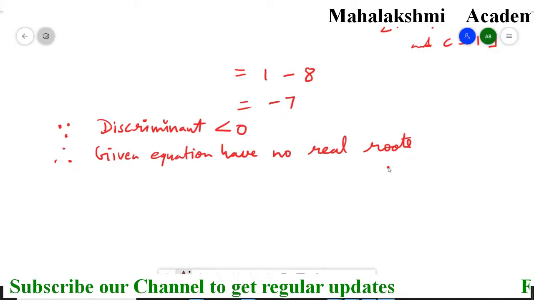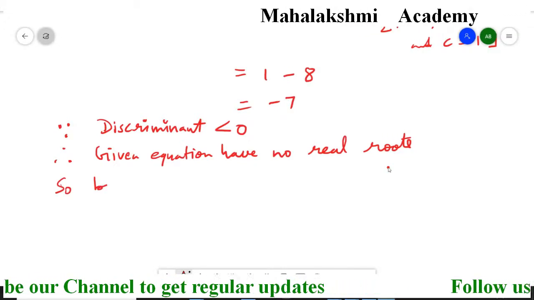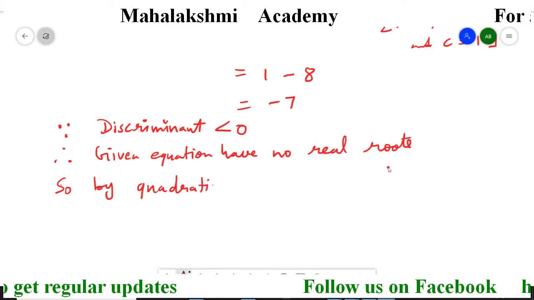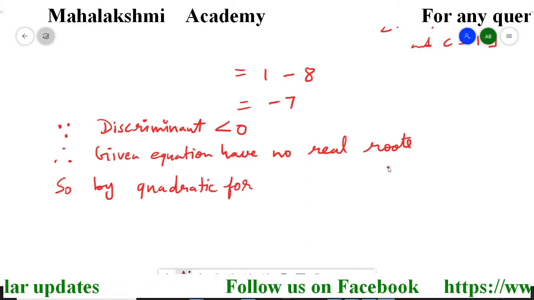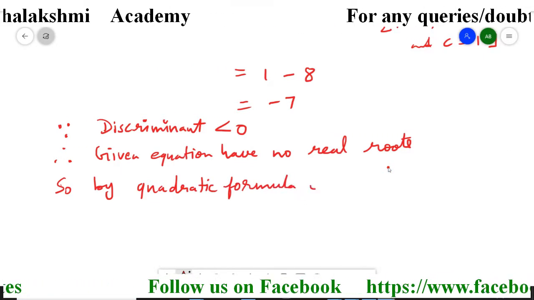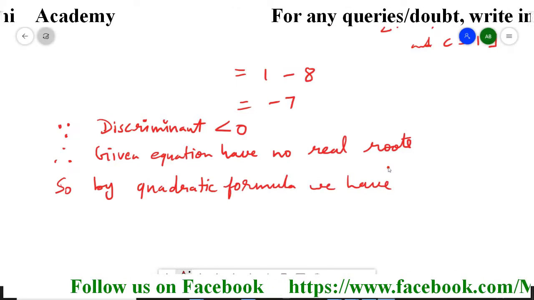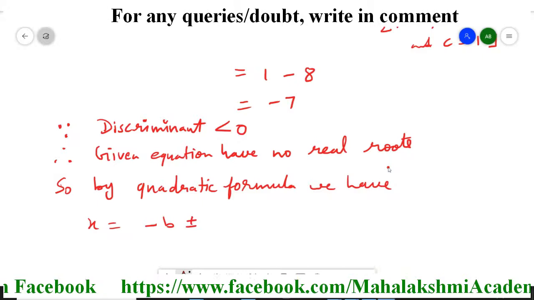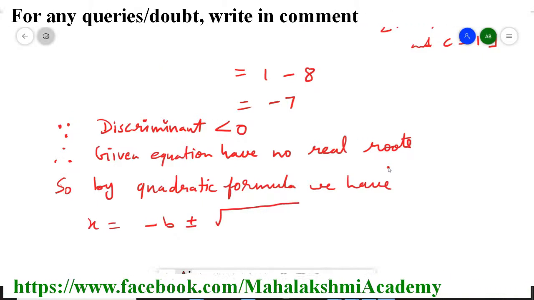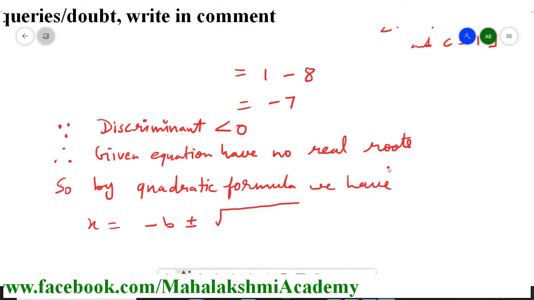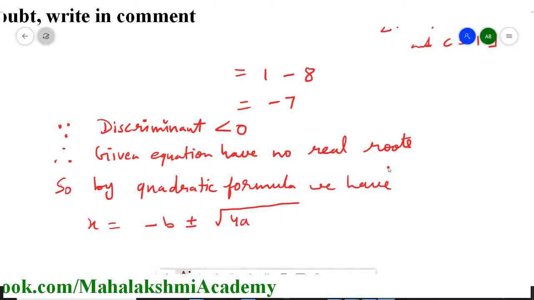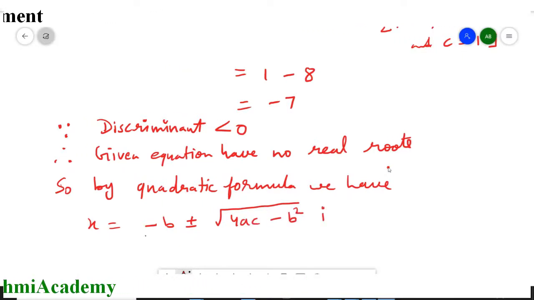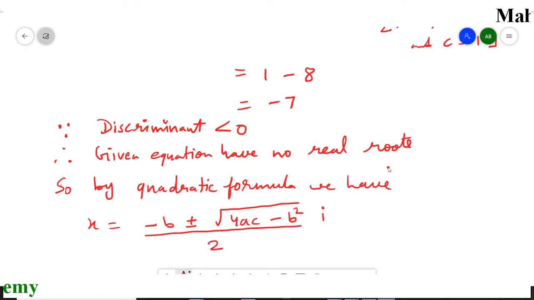For imaginary roots, the formula which is given in the exercise I am writing here. By the quadratic formula we have x is equal to minus b plus minus, and for imaginary roots the discriminant term will be 4ac minus b square, times iota, upon 2a.